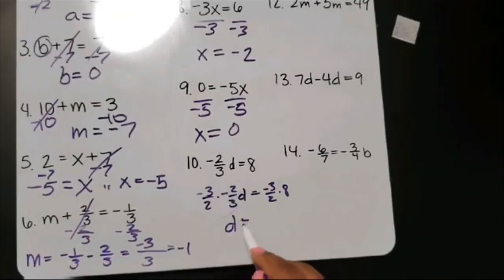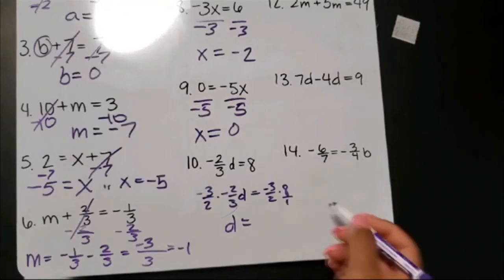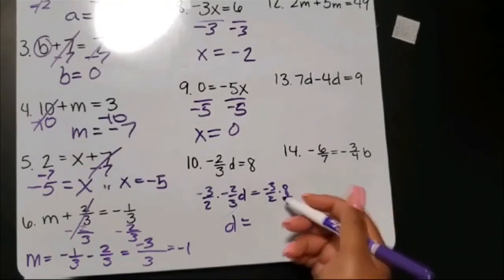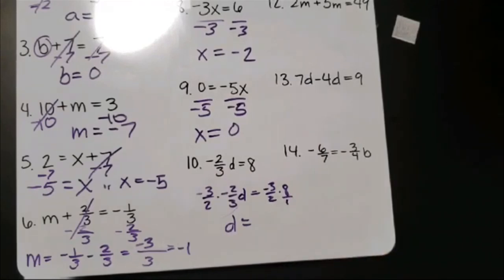So of course, multiplying by the reciprocal is just going to give us 1. So we have d on this side, and over here we can do negative 3 times 8 divided by 2, or we can do some simplifying. We could take the 2 and the 8 and divide both of those by 2 to simplify.